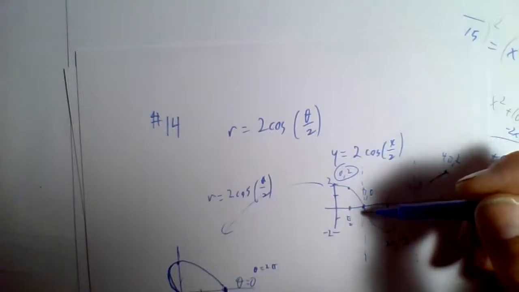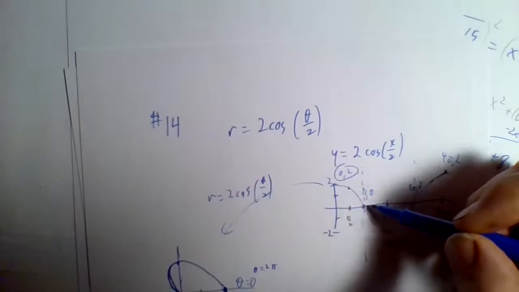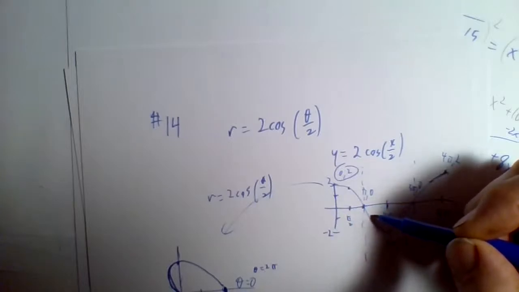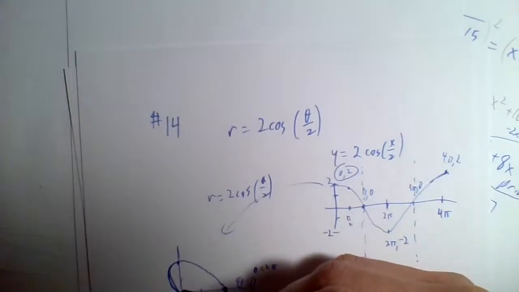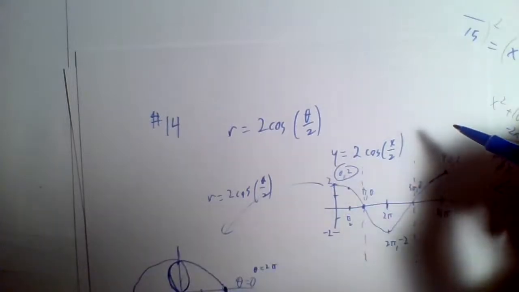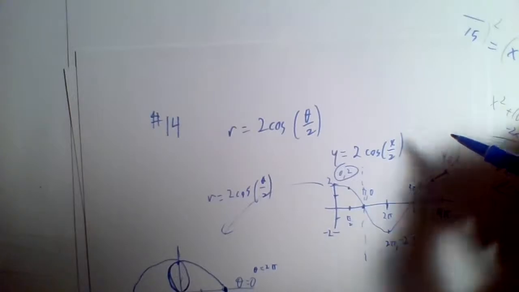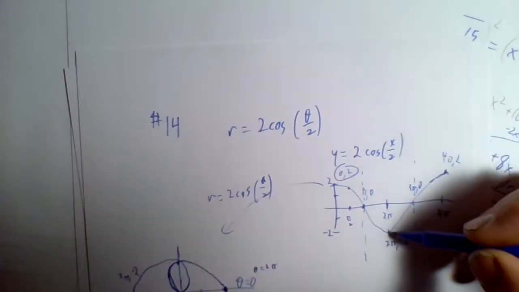So when we're between pi and 2 pi, which is these two quadrants, the r values are all negative. We're going out from the origin to a -2 out there. So this is looping back around and coming out here. That's 2 pi, and -2 is where we are now.